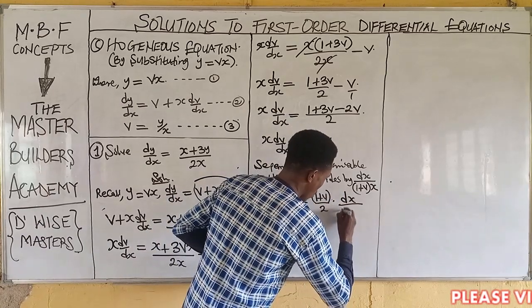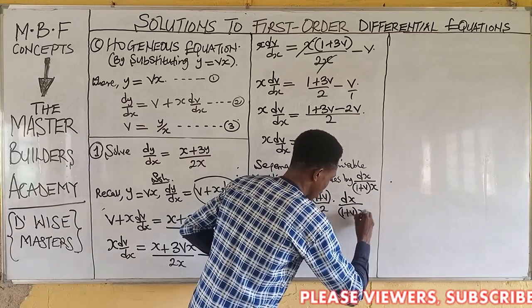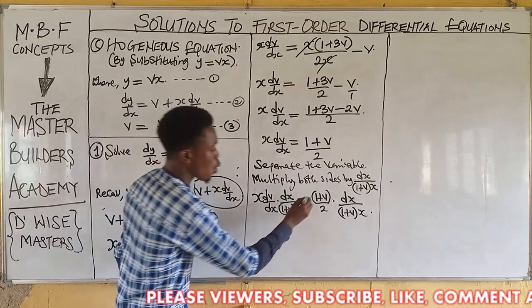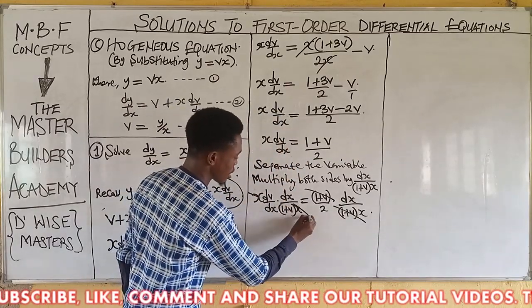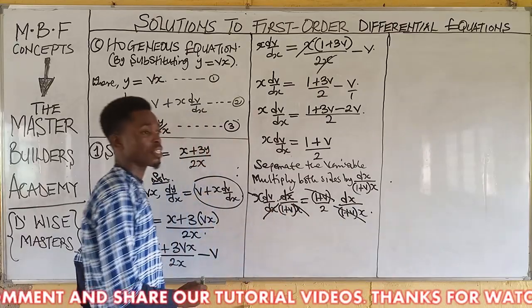Dx over 1 plus v x. It's as simple as that. Now 1 plus v will take care of 1 plus v. X takes care of x, dx takes care of dx.